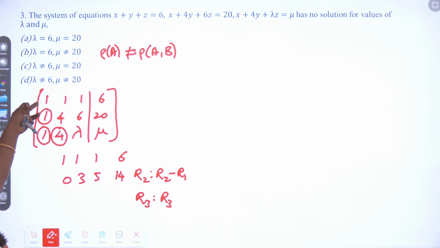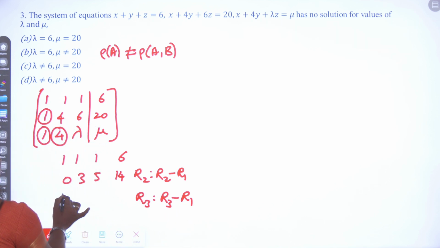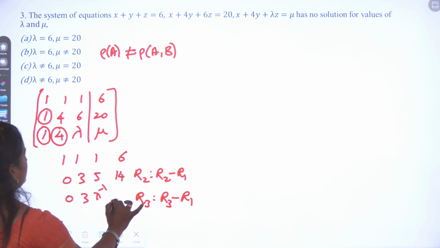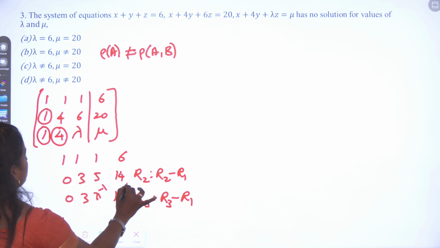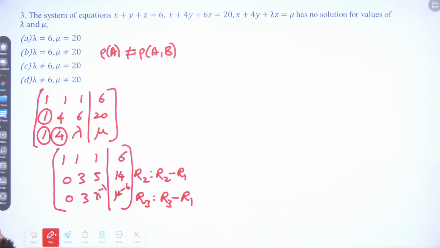So R3 minus R1: 0, 4 minus 1 is 3, this becomes lambda minus 1, and this becomes mu minus 6. So first we have converted these two elements to 0.